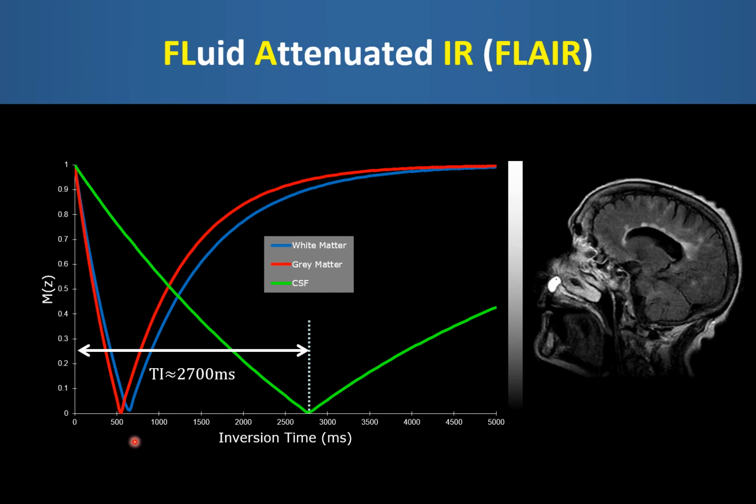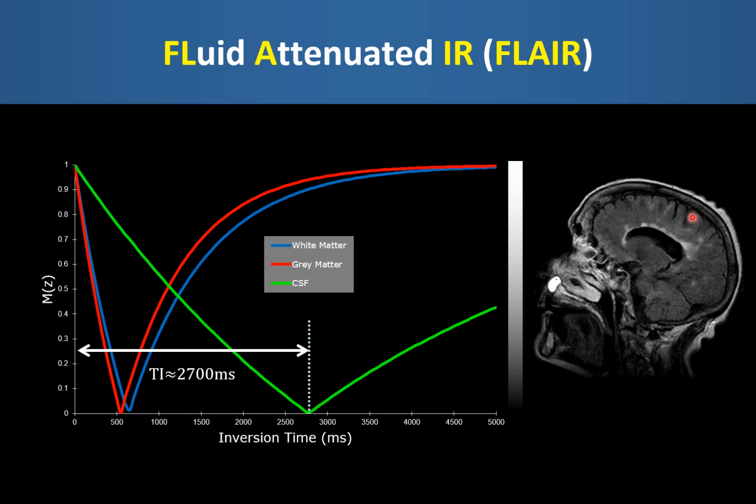Here is an example of using inversion recovery magnitude data to null the signal from cerebrospinal fluid in the brain. This is known as the fluid attenuated inversion recovery, or FLAIR sequence, where we use a TI of approximately 2.7 seconds to get this null point.